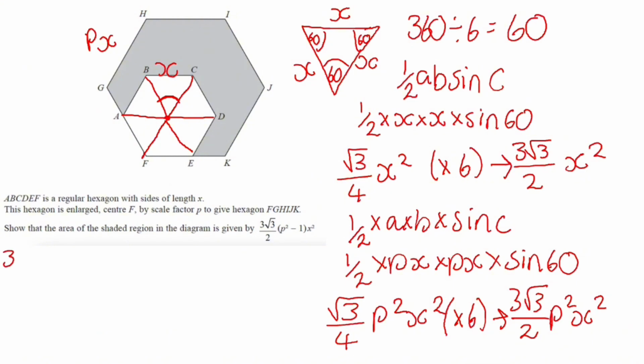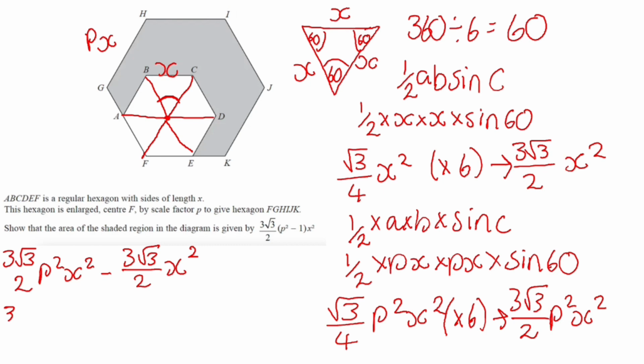So we have got 3 root 3 over 2 p squared x squared, subtract 3 root 3 over 2 x squared. Now you can see that they have factorised out the surd.